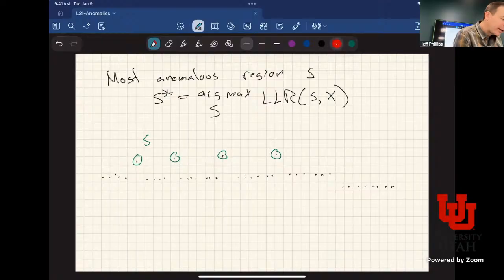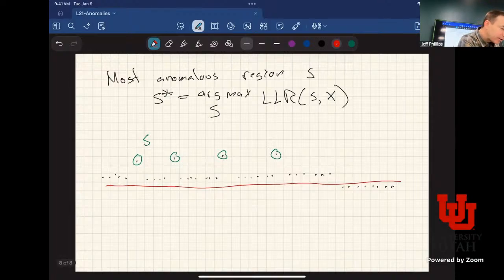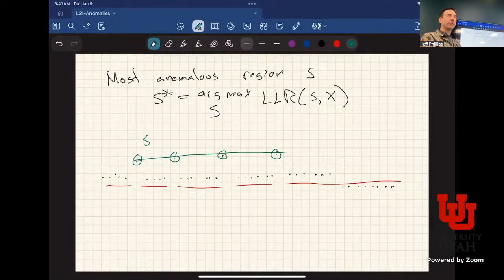And then I can fit for all the other points. So I can fit a model through these, and then I can fit the red line through the rest of the points. This probably minimizes the sum of the squared errors here.